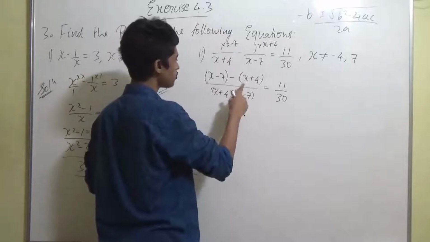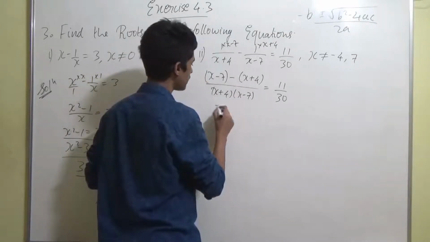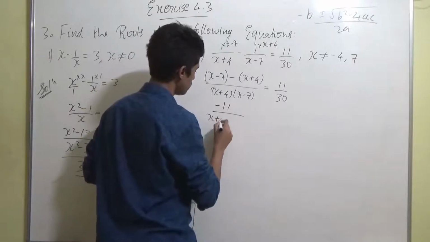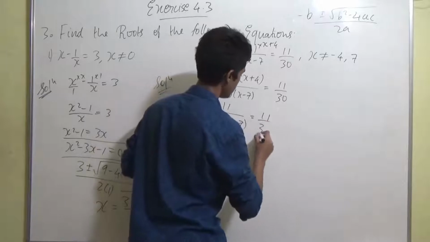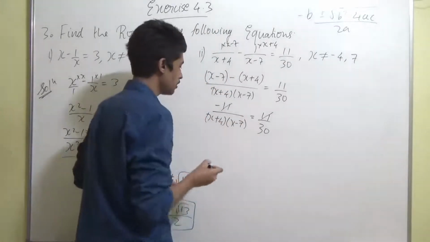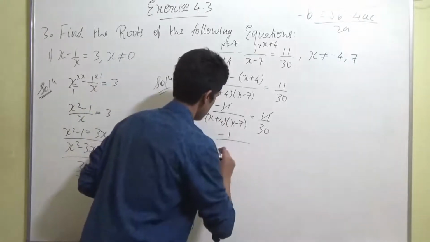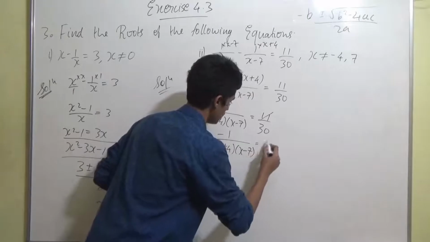Now if you subtract, the x will get cancelled. This will become minus 7 minus 4, so minus 11 by x plus 4 into x minus 7 equal to 11 by 30. Here 11 and 11 will get cancelled, only minus 1 will be left. So it will become minus 1 by x plus 4 into x minus 7 equal to 1 by 30.